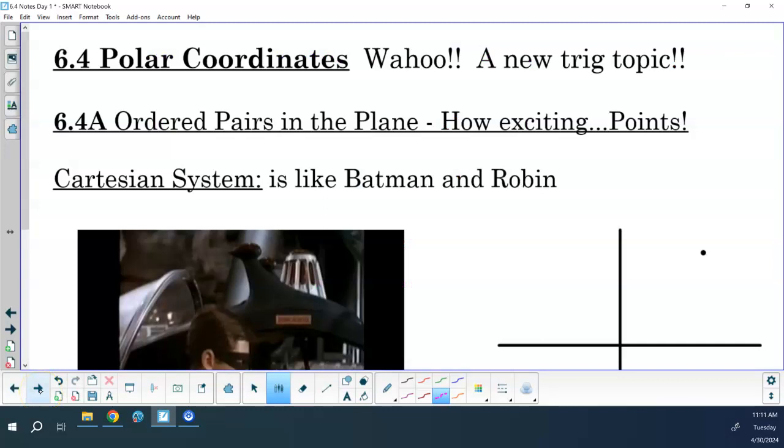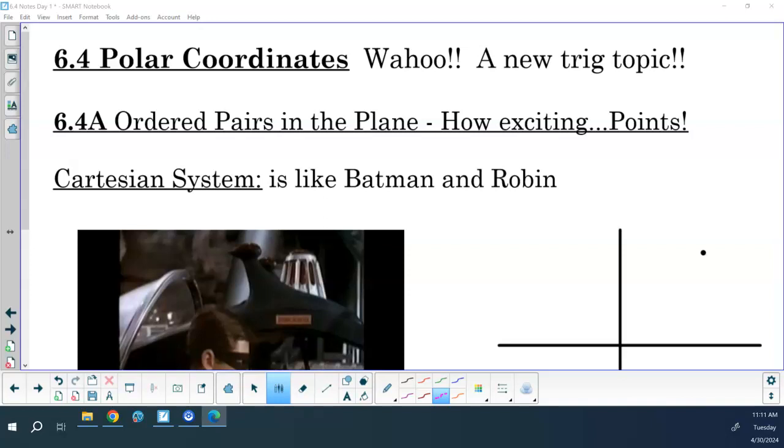So, our last brand spanking new trig topic, and that's going to be polars. So, up to this point in time, you have been living in the Cartesian coordinate system.